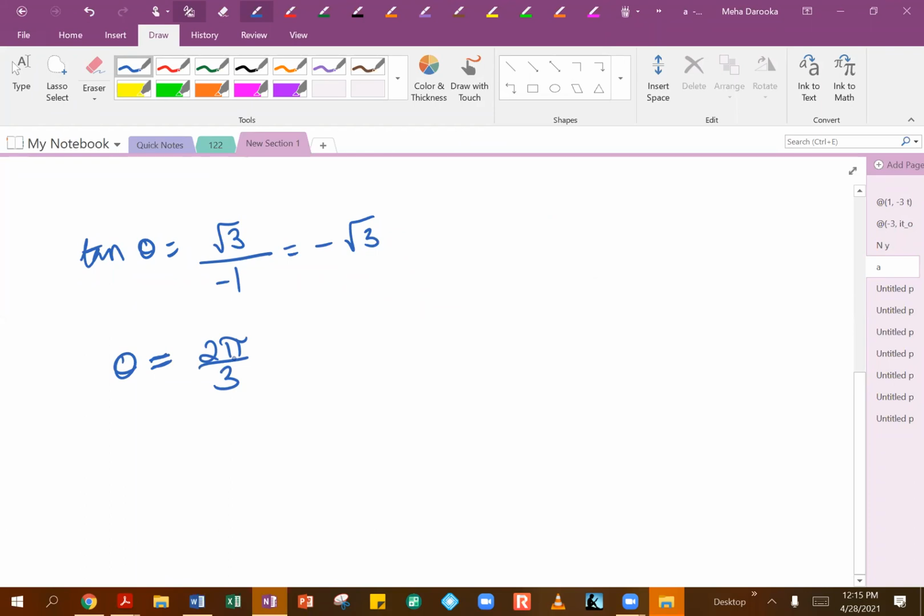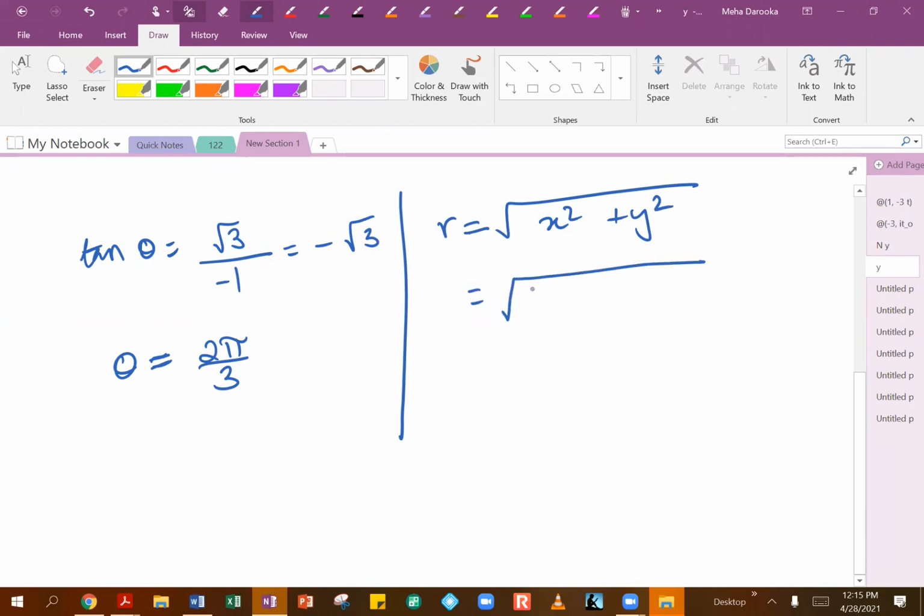So that is taken care of. Now let's do the r value. So that can be r equals the square root of x squared plus y squared. So x was -1 squared. y is square root of 3, so that would be square root of 3 squared. Of course, since you're doing -1 squared, the two negatives will become positive.